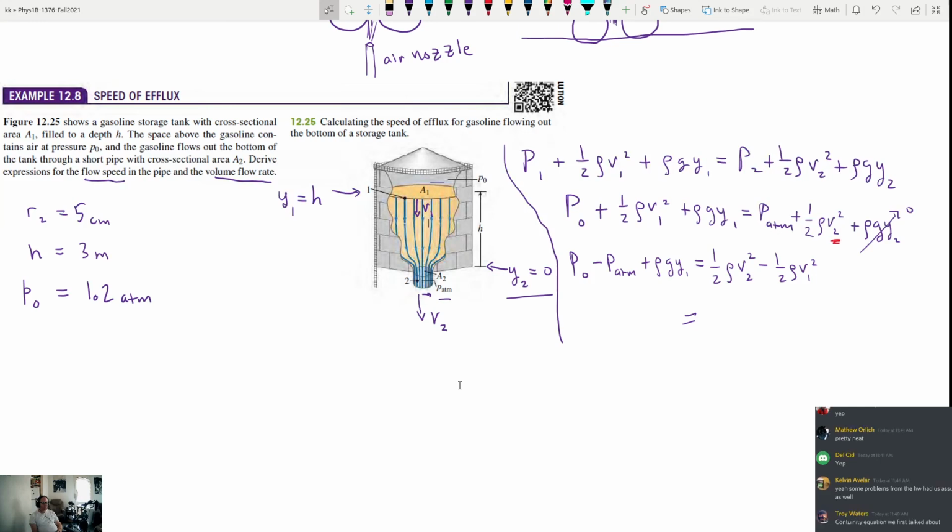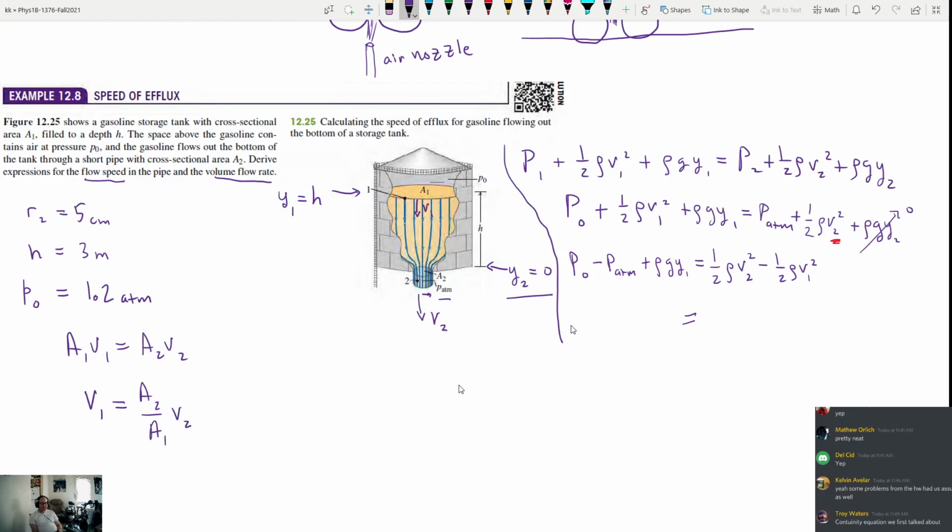If it's an incompressible fluid? The continuity equation, exactly. So we know that A1 V1 is equal to A2 V2, which means that we can eliminate V1 if we want to by doing this. And that's exactly what we're going to do.